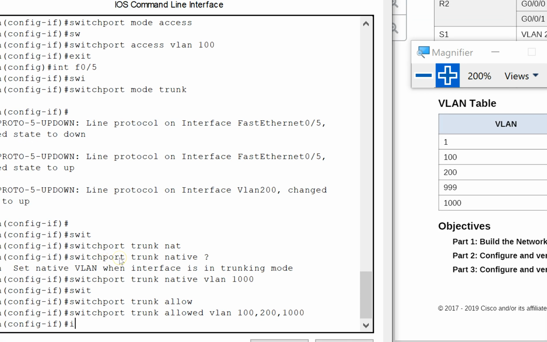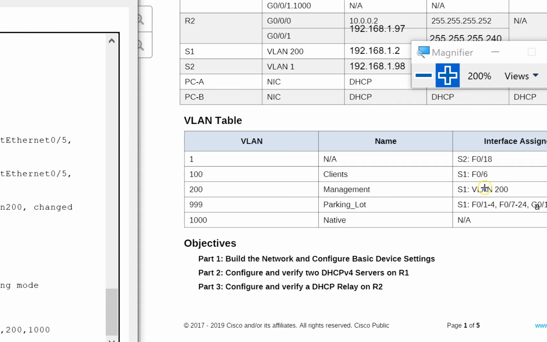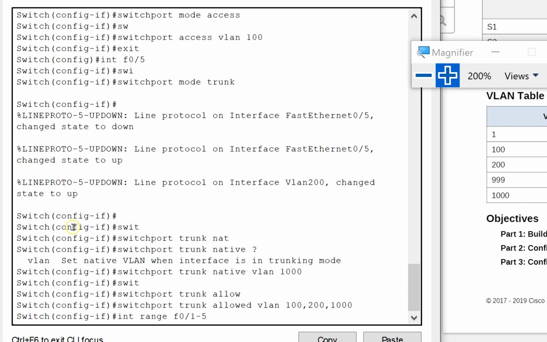All right, so interface range F0/1 dash 24, comma, I believe, F0/ not 1 through 24. I'm totally mistaken here. 1 through 5. No, 1 through 4. Wow, that is horrible. 1 through 4, comma.